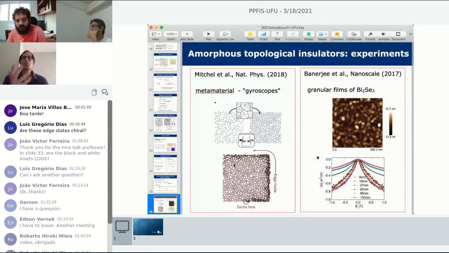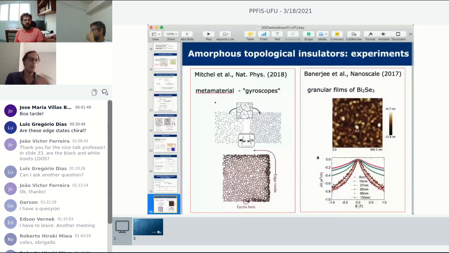People constructed metamaterials with the properties of the Agarwala model, and not as a surprise, they see the physics that the PRL authors predicted. This next one is a little more interesting: people have measured properties of granular films and see things consistent with topological properties in 3D systems. These are not really 2D.